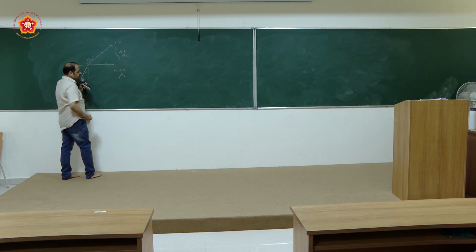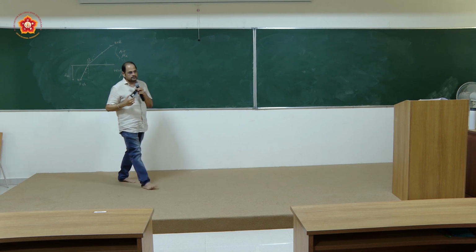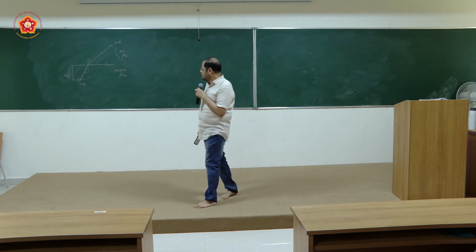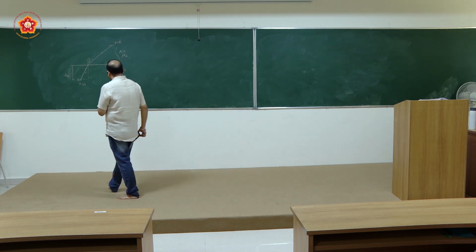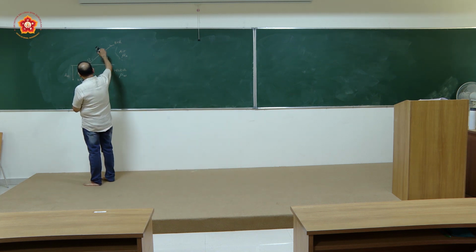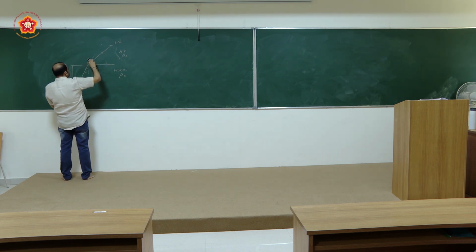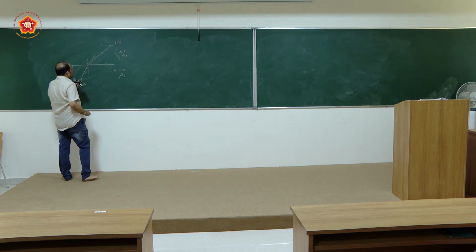It has moved away from the normal. Am I right? The ray was originally passing along this direction, so this one is the angle of deviation. Okay?